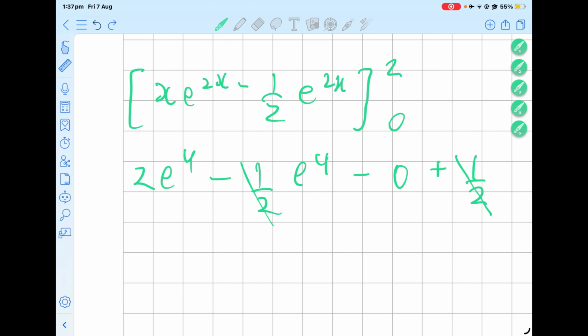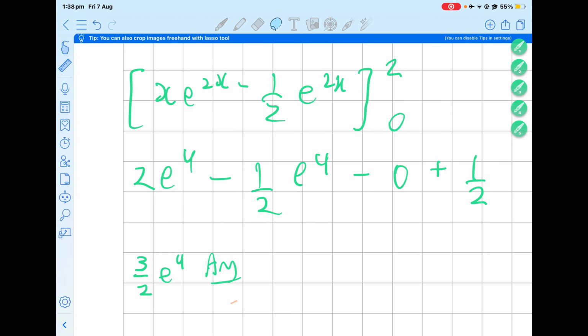It should be like 3/2 of that. Actually, let's check 3/2. Does 3/2 work? So 3/2 e to the 4. Let's call that this. And since this occurs, we'll have to use half as well.